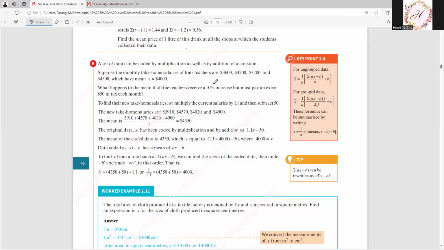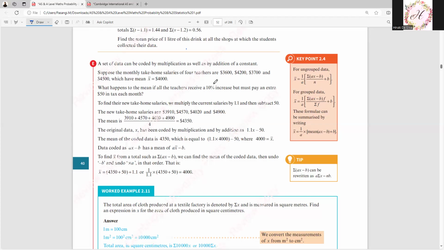Then we add that 360 to that amount, and it becomes 3,960, right? Then for that 10% increase, but they must also pay an extra 50.